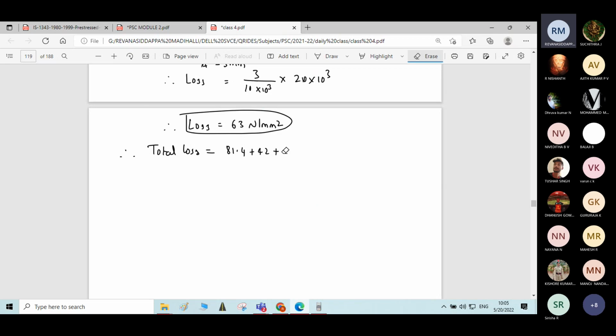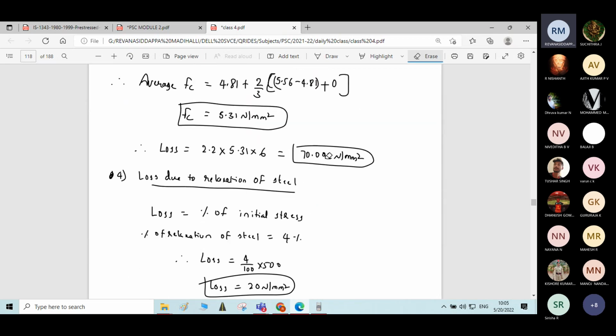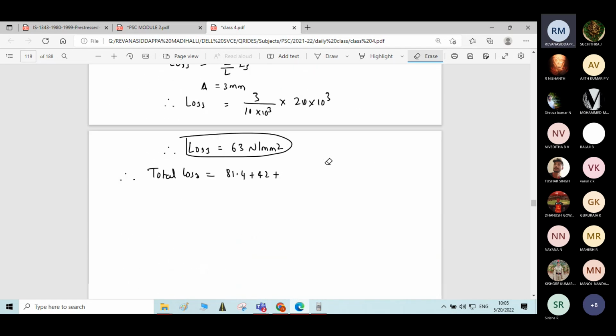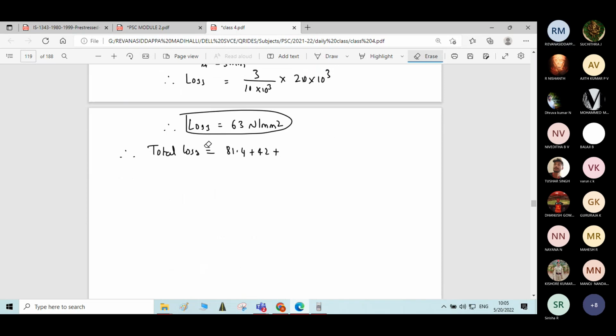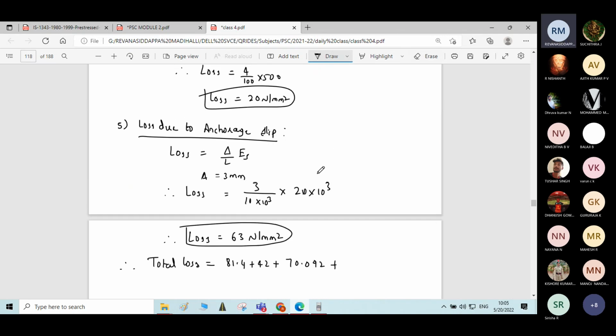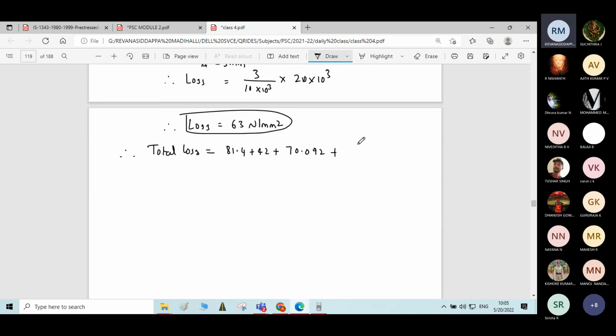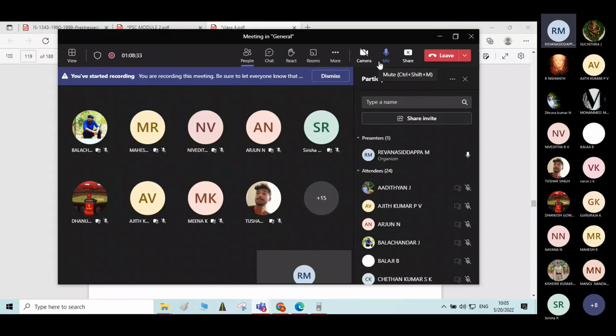Loss due to creep is 70.092, plus 20, plus 20, plus 63.